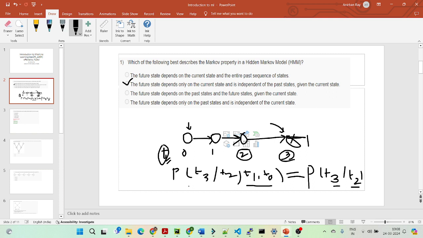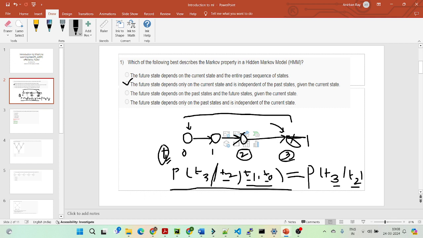So what I want to calculate is the probability of occurrence of t3. Suppose I first of all don't know what type of occurrence this is or how the probability is related. So while calculating t3, I'll consider that it is dependent on t2, t1, t0.